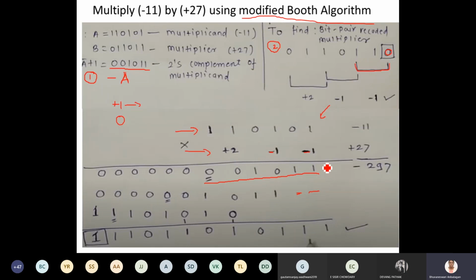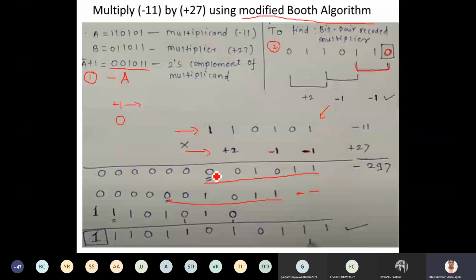Because you have reduced the operation by using this 3-bit recoded multiplier, so in between, one step has been neglected. For that reason you leave these two spaces. Again for minus 1, you write down the 2's complement of the multiplicand and then you write the other bits as the sign bit. Whatever is available here, you simply extend this sign bit.